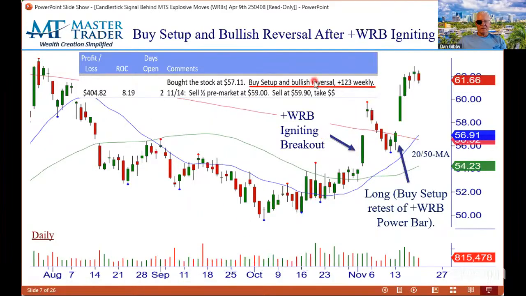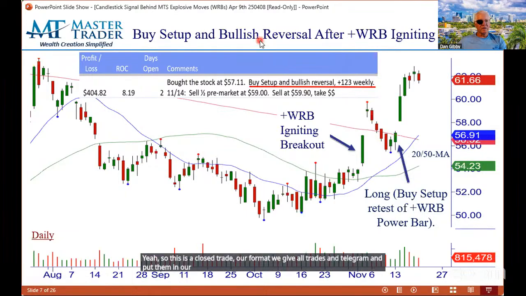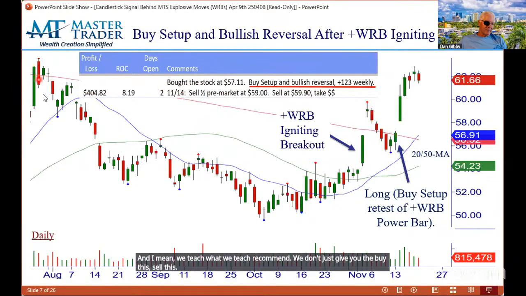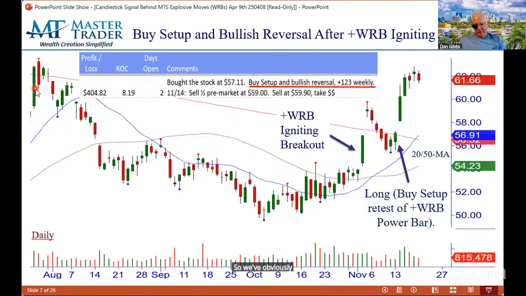Yeah, so this is a closed trade, our format. We give all trades in Telegram and put them in our members area, open and closed. And I mean, we teach what we recommend. We don't just give you the buy this, sell this. So over here we give you the date and the symbol, and so we bought the stock here.